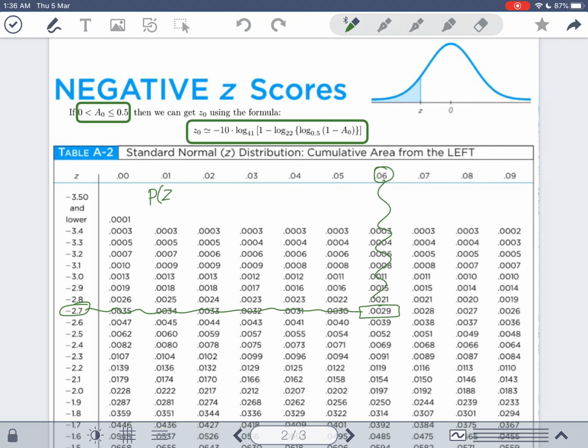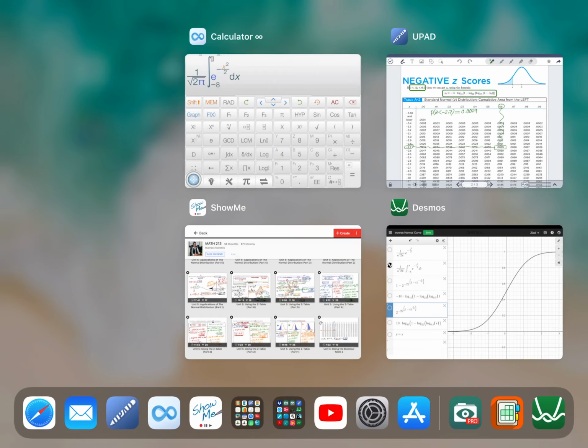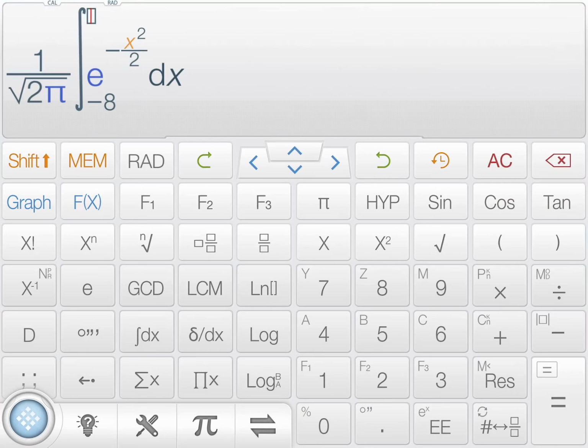We want to see the probability that Z is less than negative 2.76, and the table is telling us it's 0.0029. If you go to your calculator, all you have to do is write the formula, and I showed you this in the video on how to use the Z table, part 1.